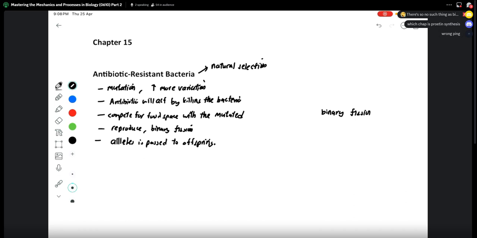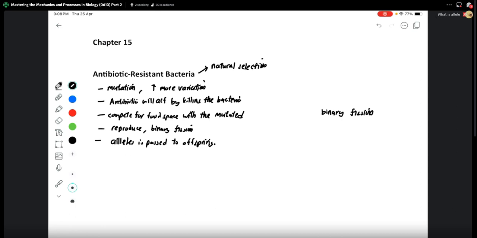fission is the replication of bacteria at a very fast rate because it's suitable for them. Bacteria is so small, okay? It's a prokaryote, so they do not have very complex organelles in their cell. Therefore, they can replicate faster, and they will use binary fission.